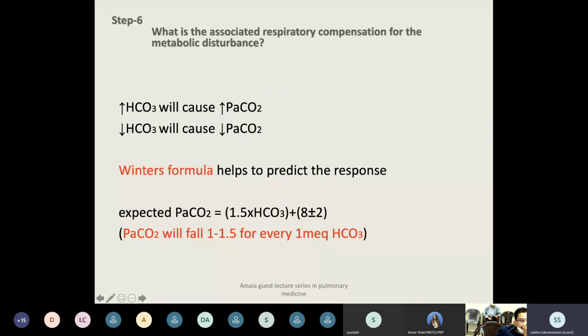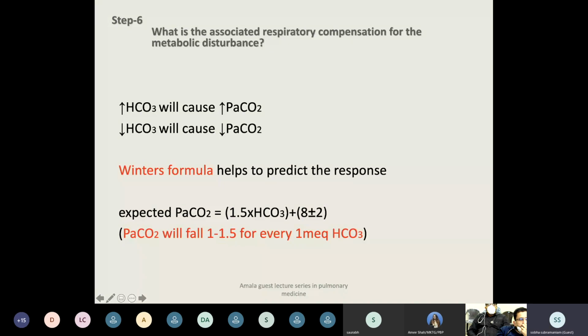Now we are moving on to the compensation, that is step 6. Let us take the metabolic disturbance first. What happens when you have increased bicarbonate? Increased bicarbonate you get in metabolic alkalosis, so it will produce an increase in the PaCO2. Then what will happen when you have decreased bicarbonate, or acidosis?